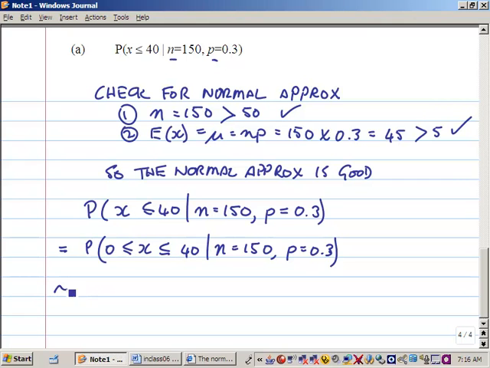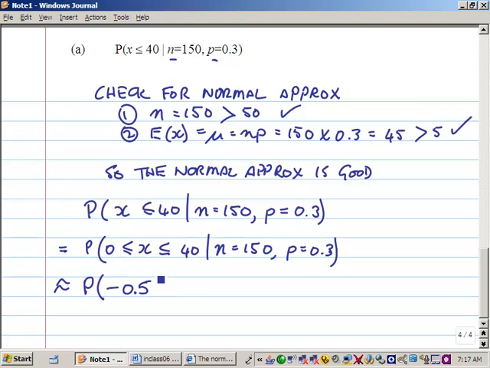So on the normal, let's talk about those limits first. We can think of 41 little bars which we're going to put boxes around, from 0, 1, 2, 3 all the way through 40. The first bar around 0 starts at -0.5 and goes to +0.5.